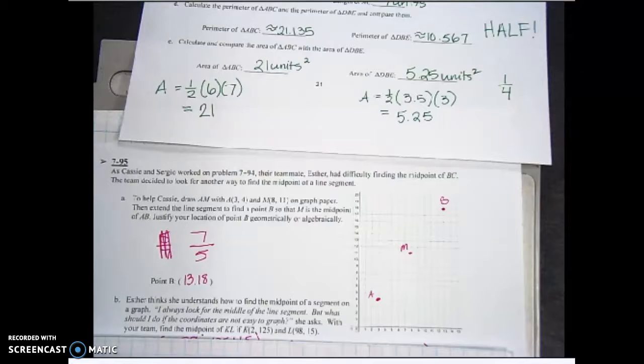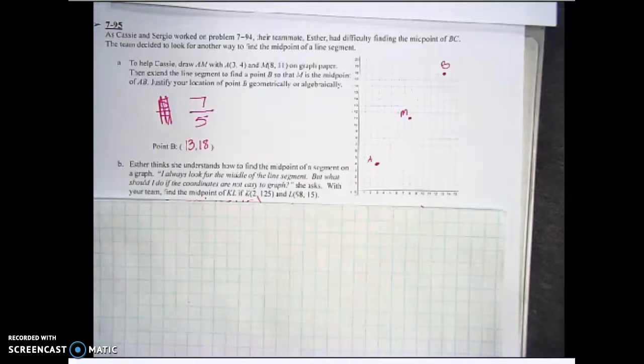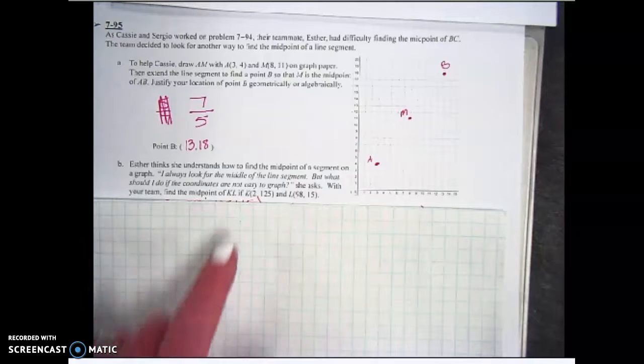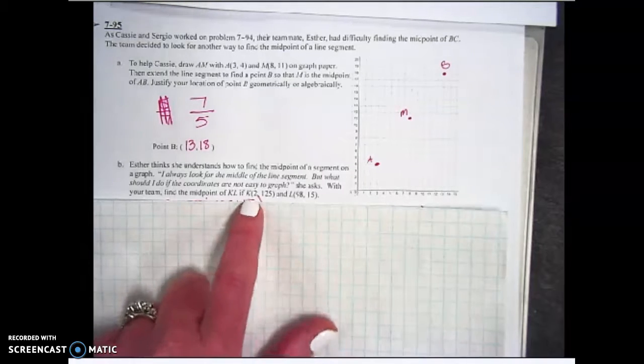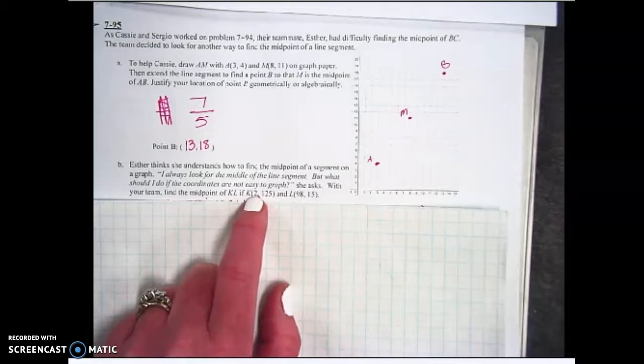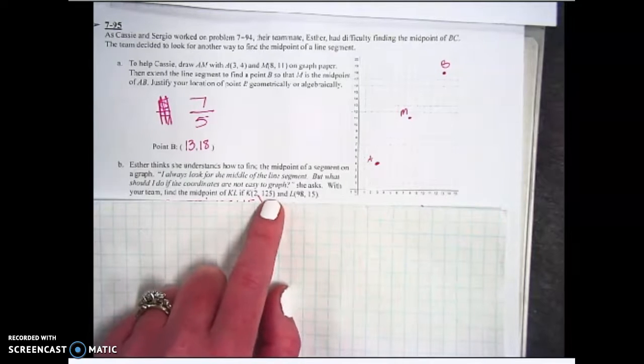Question B says, Esther thinks she understands how to find the midpoint of a segment on a graph. I always look for the middle of the line segment, but what should I do if the coordinates are not easy to graph, she asked. With your team, find the midpoint of KL if K is at 2 and 125.